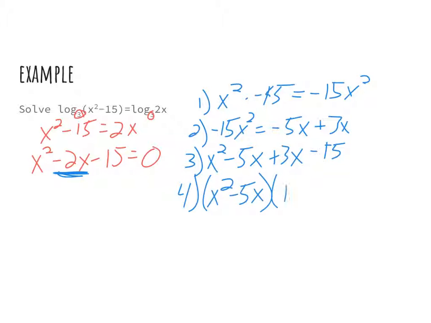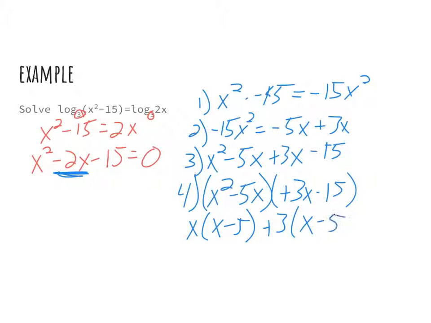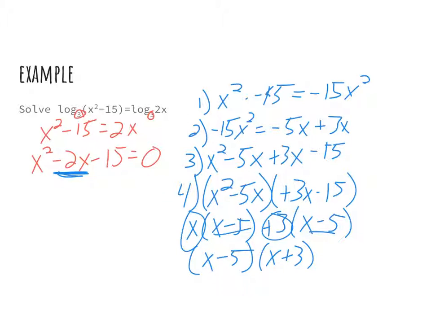I put the first two in a group, the second two in a group, and I factor out what I can. I can take an x out of the first one, I can take a 3 out of the second one. So my two factors are what's inside the first and what's outside. Inside of both, and then the other one's outside of both.